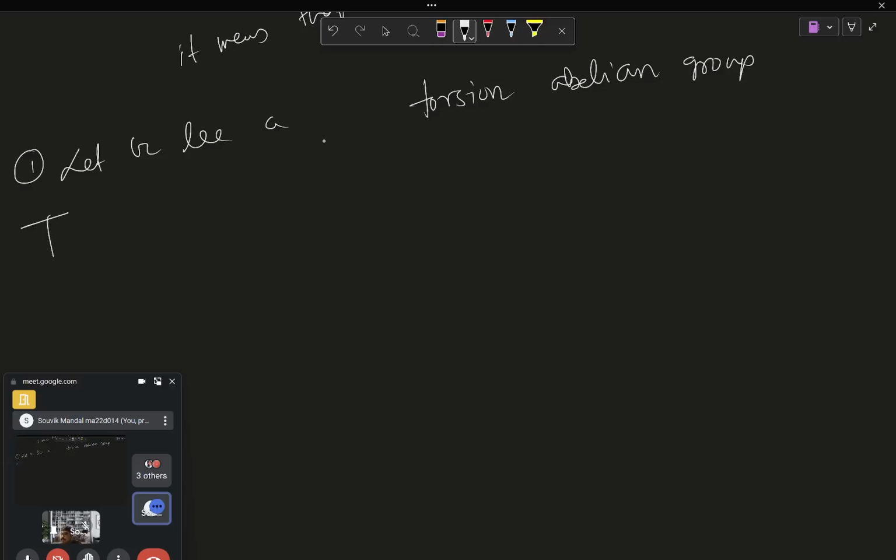Then show that G tensor Q is equal to 0. G is a torsion abelian group. Now show that G tensor Q is equal to 0. Now let's try this problem for a couple of minutes.